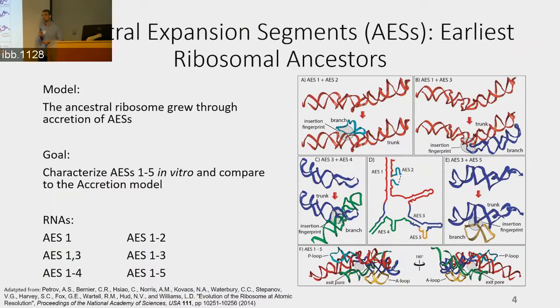The metaphor is to think of it like a tree: it's very obvious that a branch off the trunk clearly grew out of the trunk, and it had to have existed after the trunk. And so we use that mentality of this dependency of structure, and that's the whole basis of the numbering of these ancestral expansion segments. So it's all structure based, and the ordering of the combinations is very dependent on that process.